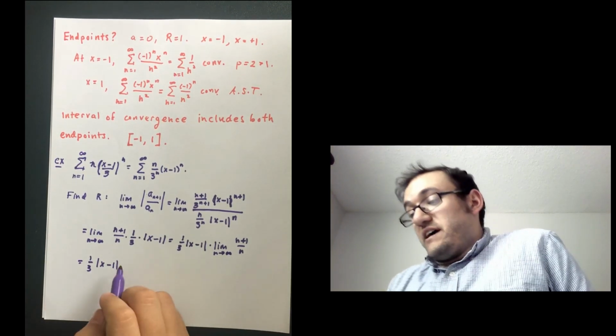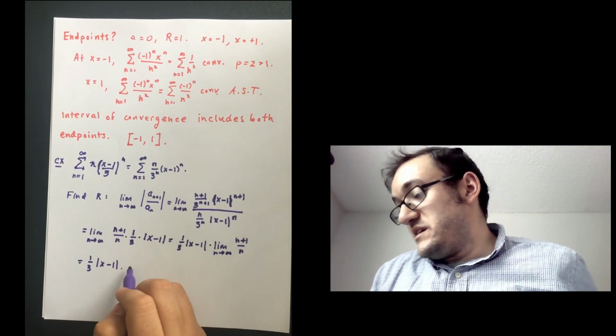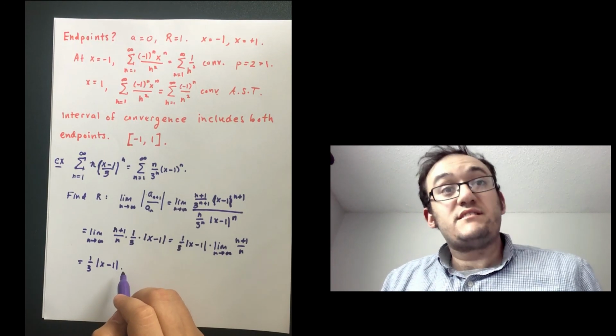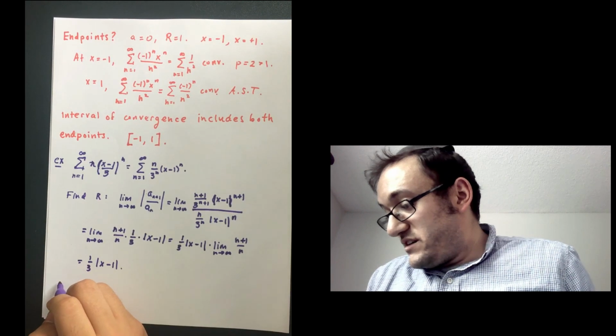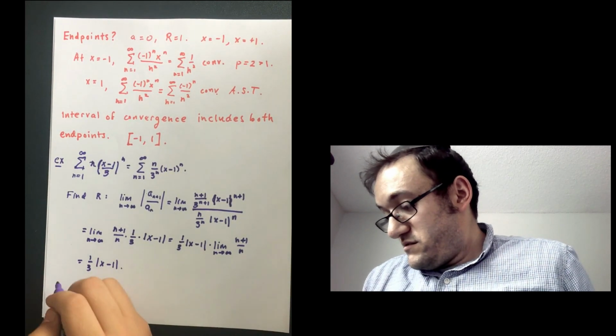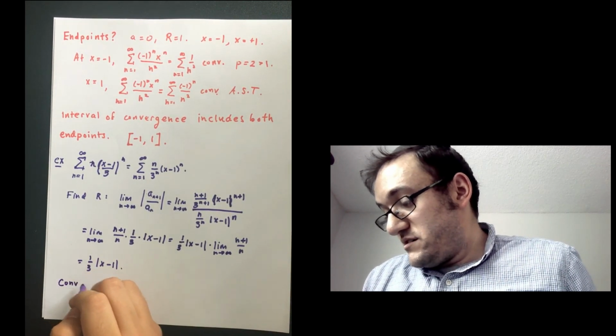Again, by the ratio test, this needs to be less than 1 in order for it to converge, and greater than 1 in order for it to diverge.